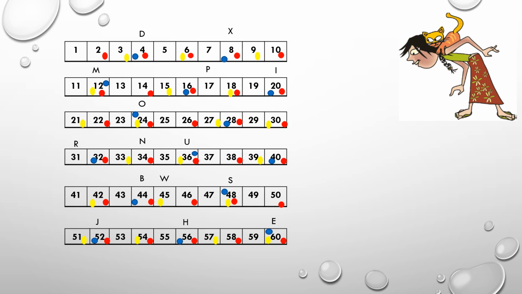You are finding the boxes in which there are dots of 3 colors. So the first box is M. As you can see, there is a red dot, a blue dot and a yellow dot. So first I am going to write M. Then we have O, then U, then S and E.